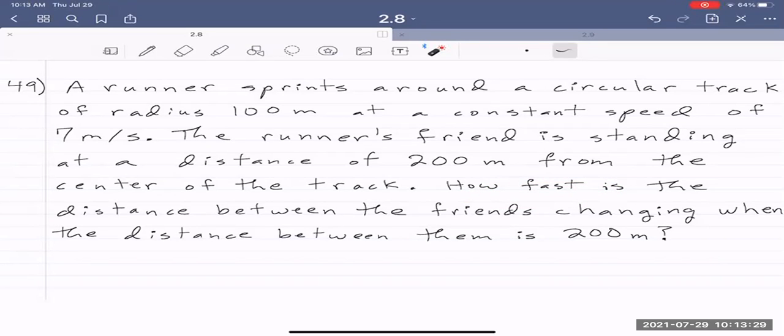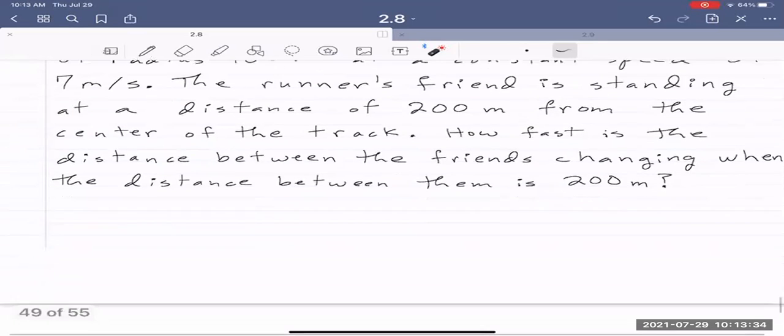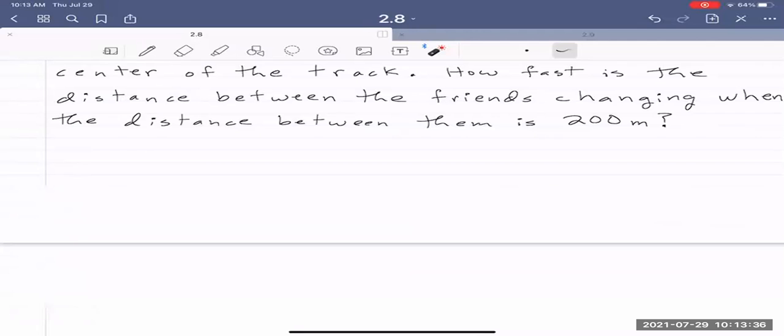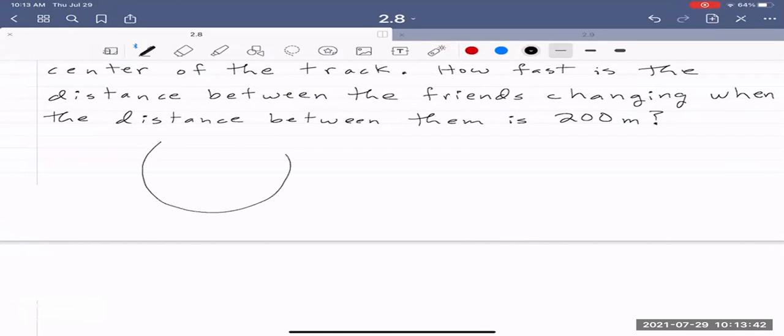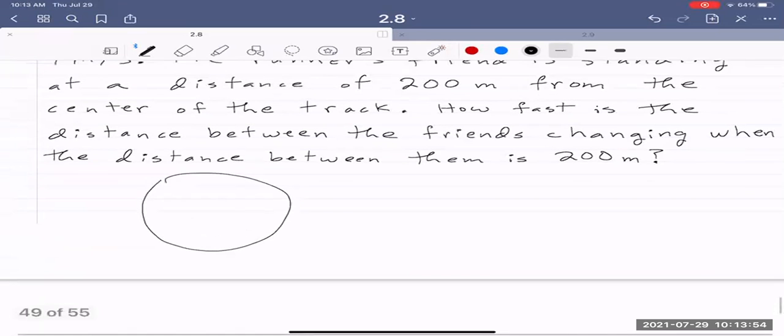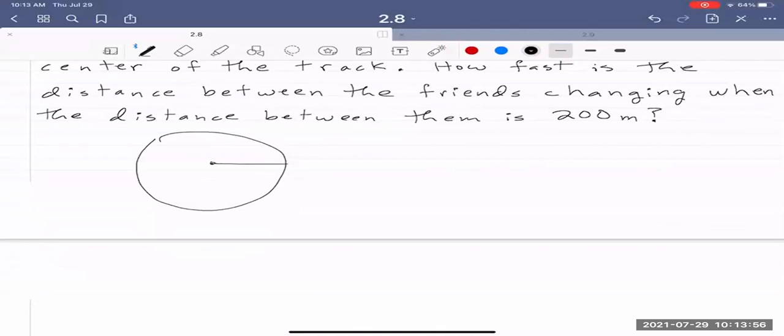So we have a circular track. The circular track is 100 meters in diameter.